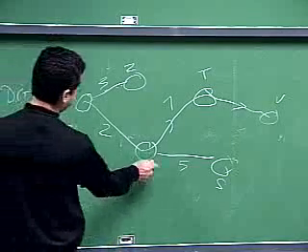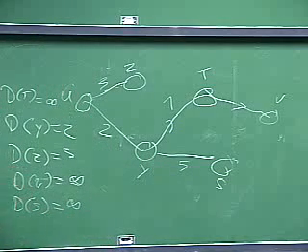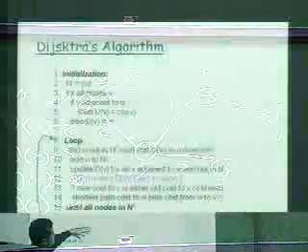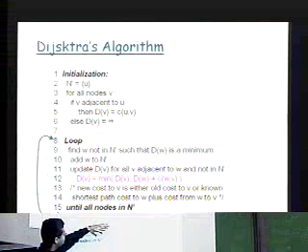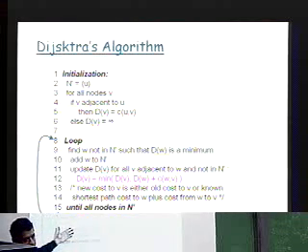But now when you include Y in your group n prime, then you're going to look at all the neighbors of that new node which you have included in your set, and you're going to update the distance to those neighbors by this formula.